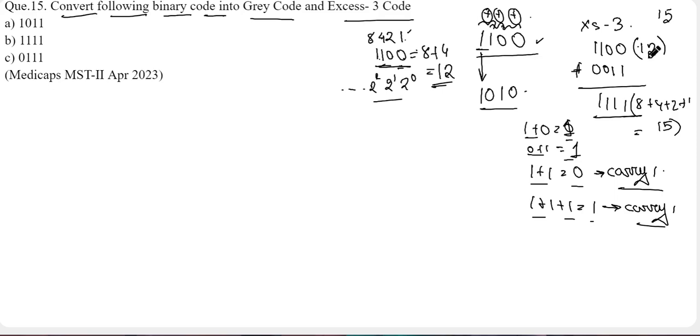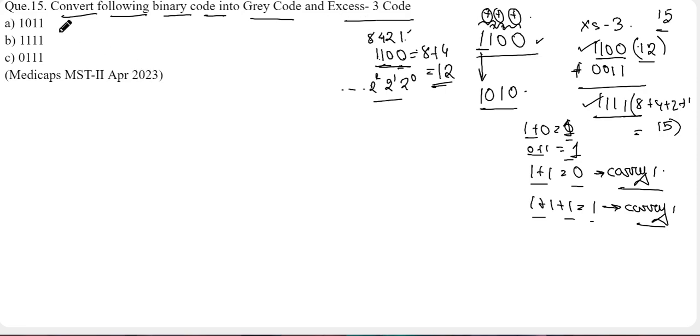So yes, if we add 3 to it, we get a decimal equivalent of 15. So if we add 3 to this binary number, we get this binary code, which is the XS3 code. Okay, so this is the basics of it.